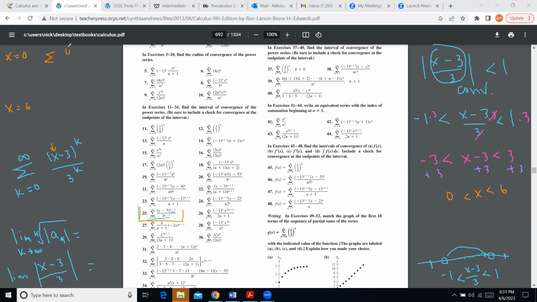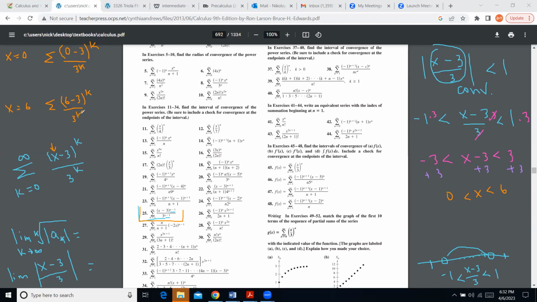Look at this. 0 minus 3 to the power of k over 3 to the k. Looks like the sign will alternate, right? Alternating sign series. And here we have 6 minus 3 to the power of k divided by 3 to the power of k.